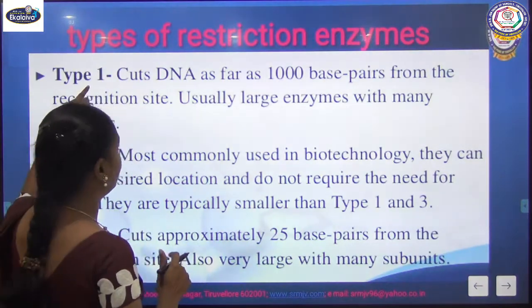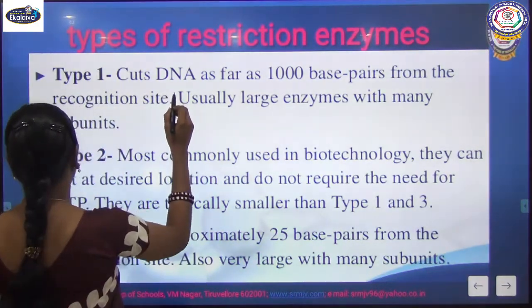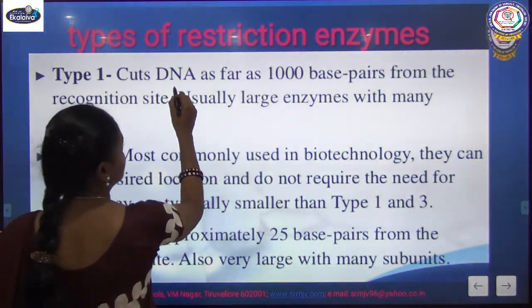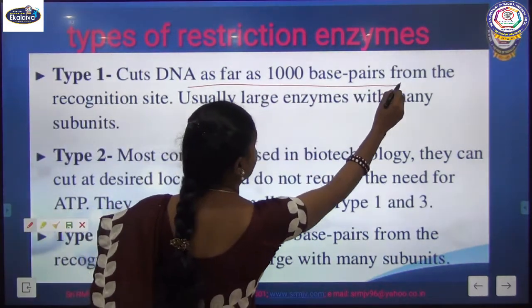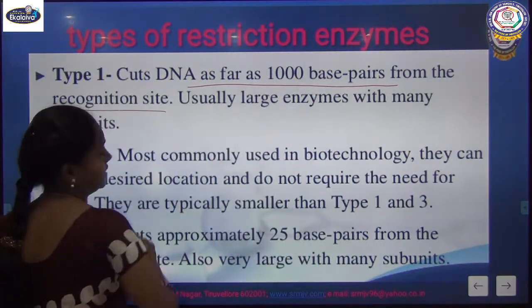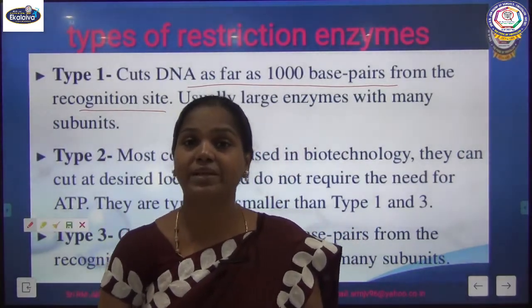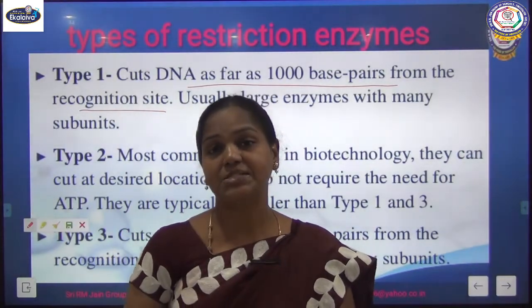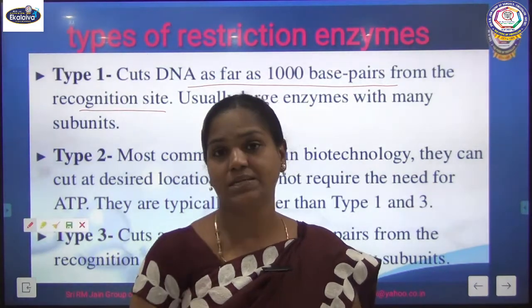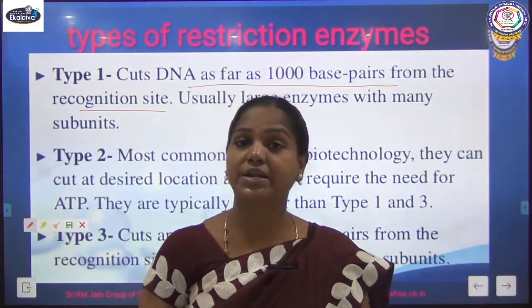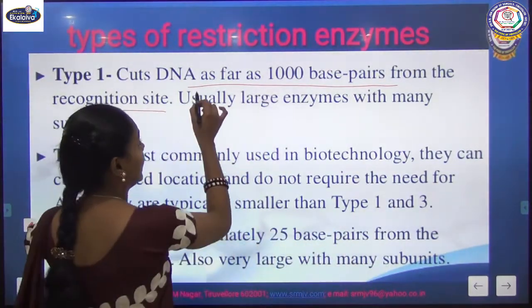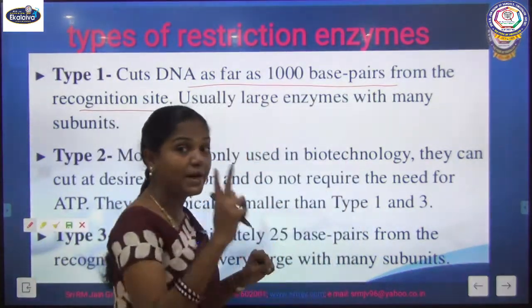Type 1 cuts DNA as far as 1000 base pairs from the recognition sites. Already I told you these restriction enzymes have their particular recognition site where they can go and cut. But type 1 restriction enzymes can go for these many base pairs to cut.